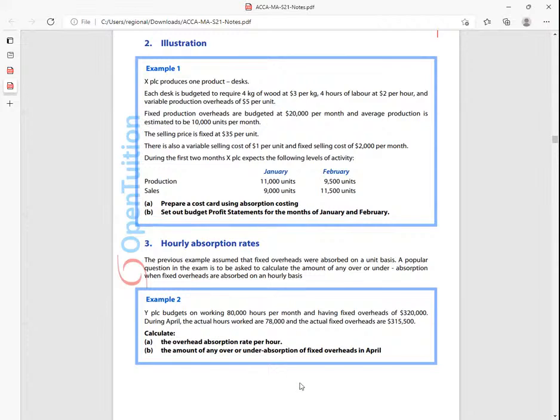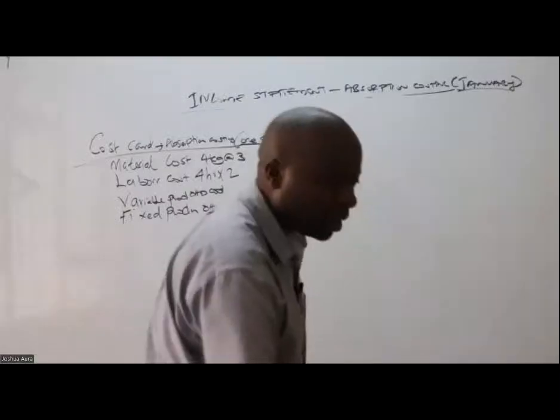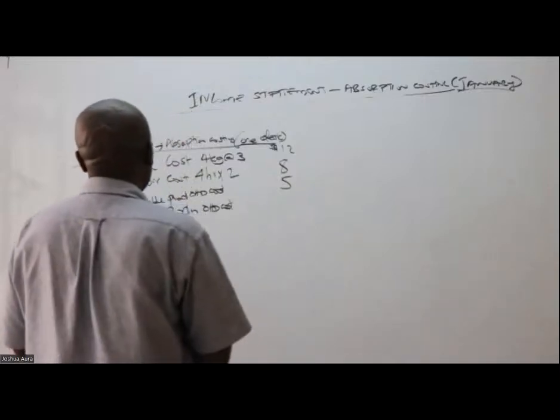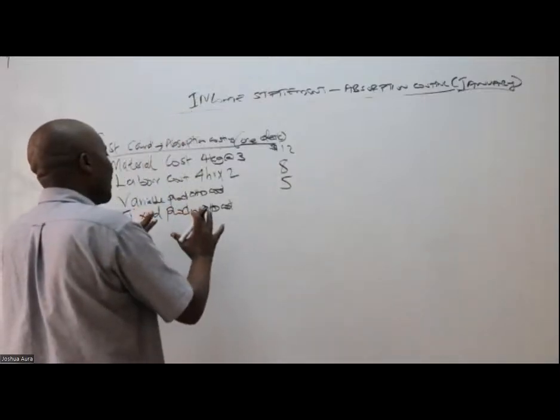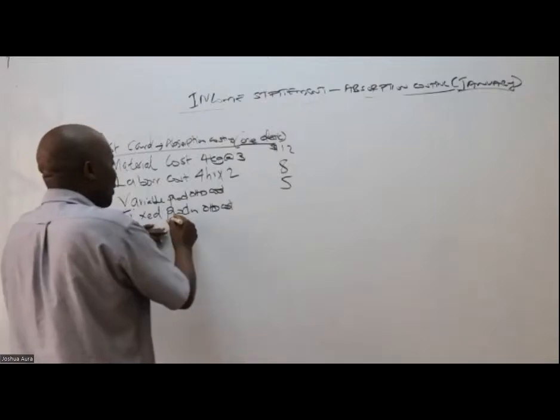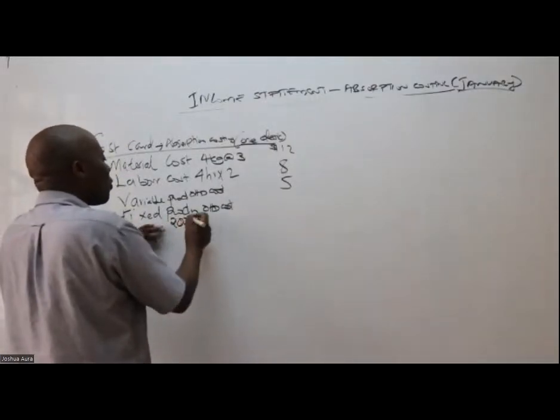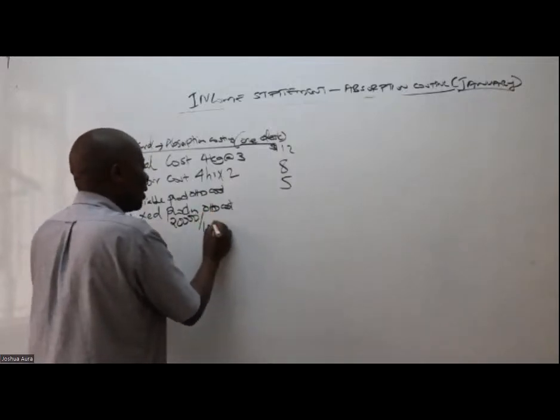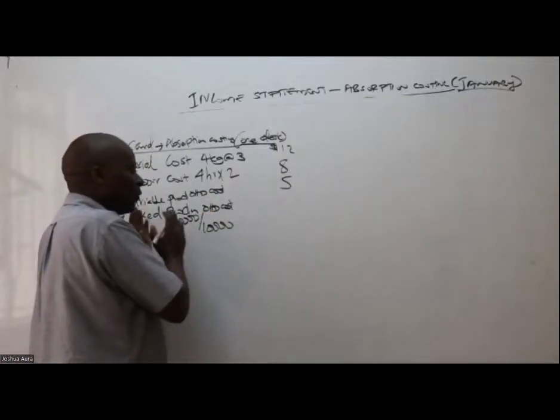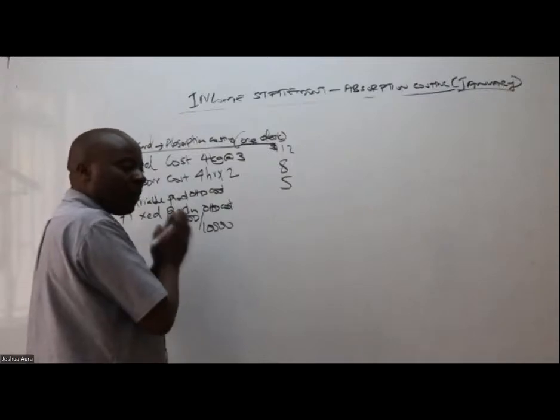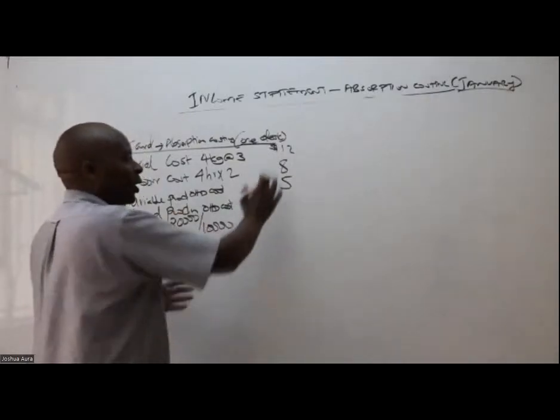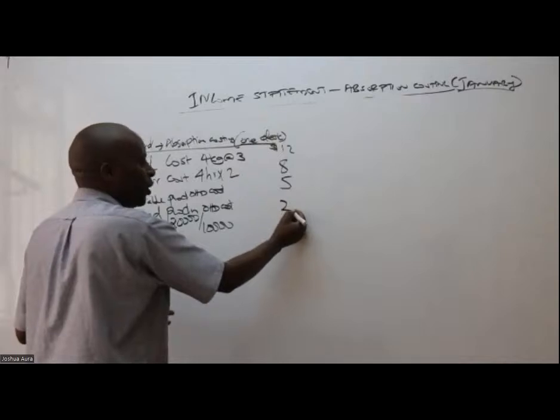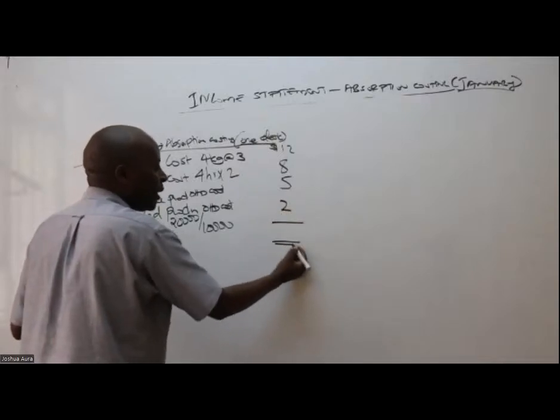So 20,000 divided by 10,000. For a whole month the fixed production overhead is 20,000, and for that whole month we shall produce 10,000 desks. We divide by 10,000 because we want the fixed production overhead cost per unit, per desk, which gives me 2. So could you kindly confirm how much we are getting?